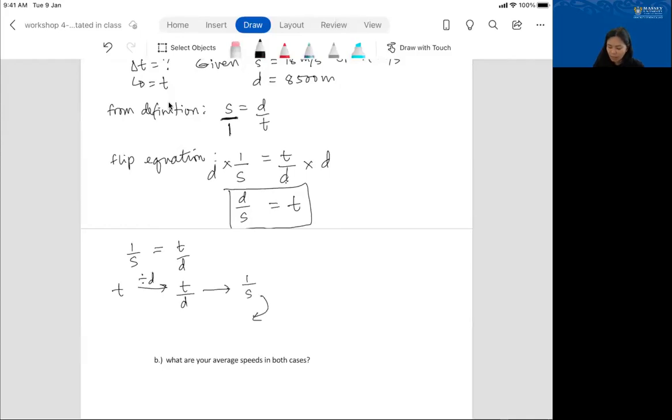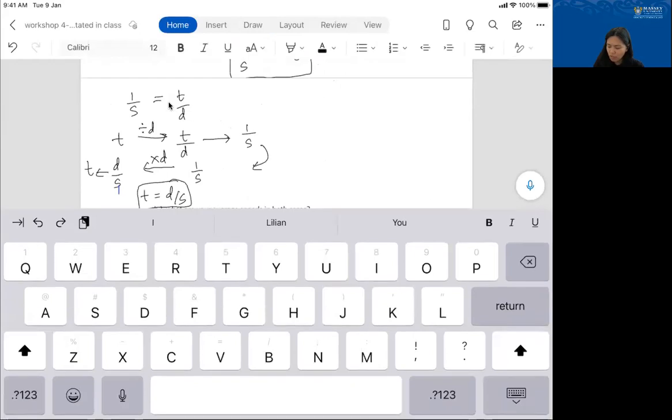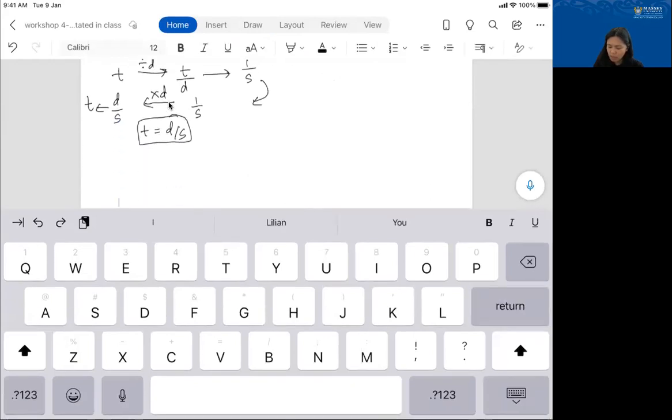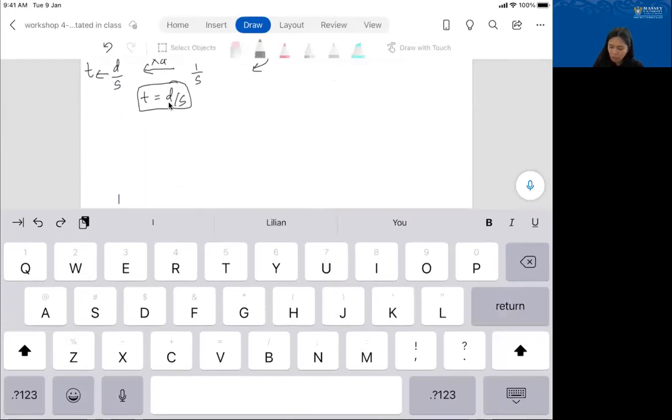And going back, you have 1 over s, undo the division by multiplying with d. You have d over s, which is t. So it's the same thing. T is equal to d over s. So you can use any method for rearranging that equation there. You just need more space here.